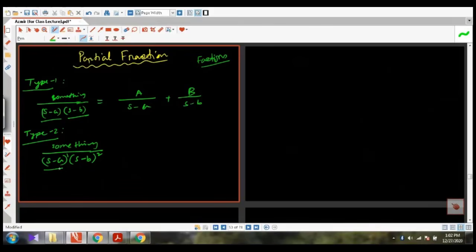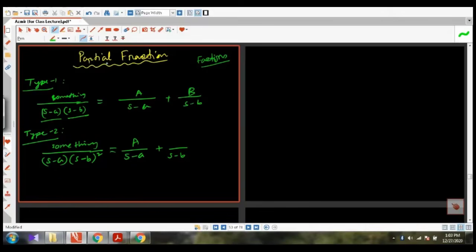Since (s - a) has power 1, it goes with type 1. So that means (s - a) will come up with a constant.